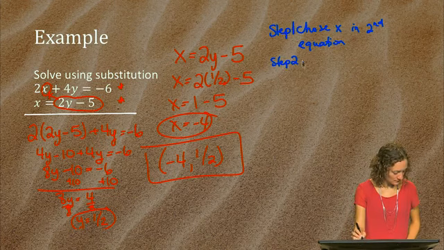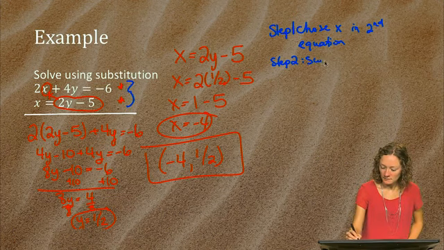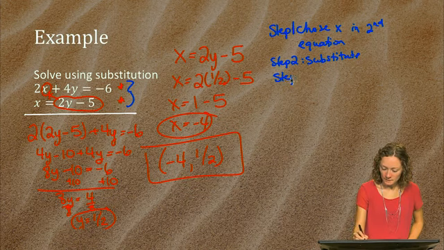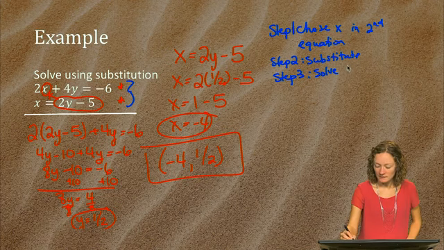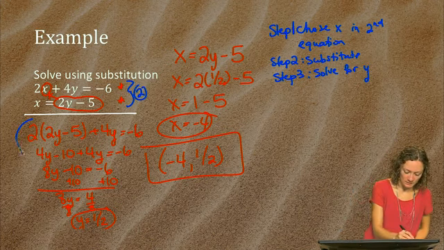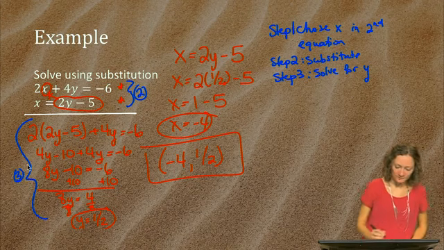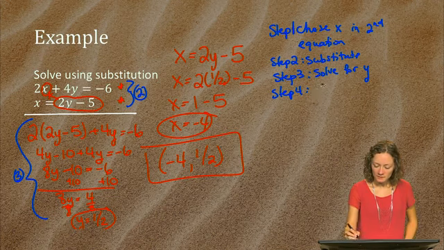In step 2, we substituted in. In step 3, we solved for y. So this was 2. This is 3. And in step 4, we solved for x.